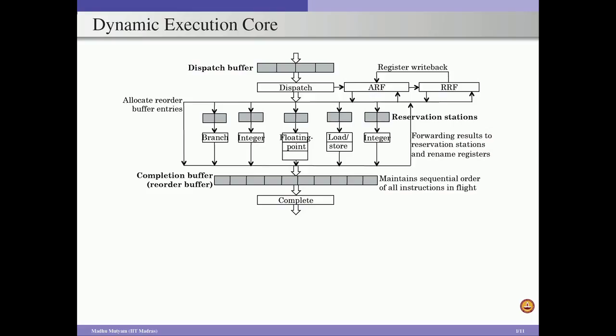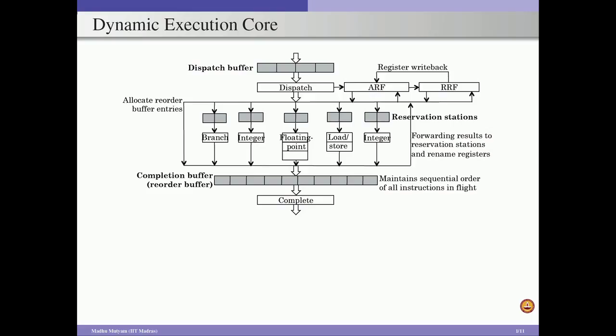So, we know that the execute stage is sandwiched between the dispatch stage and the complete stage in our superscalar pipeline design. In the dispatch stage, we have the decoded instructions, and these decoded instructions will be dispatched to various reservation stations. At the time of dispatch, the operands may be ready.